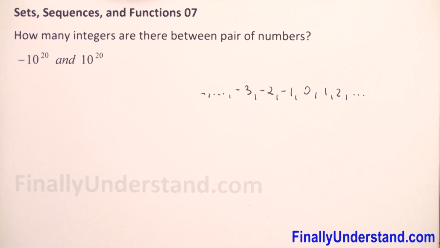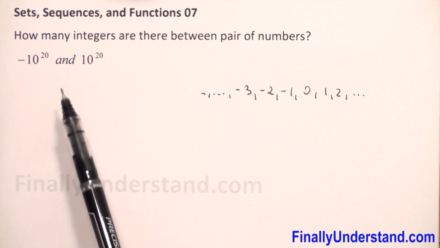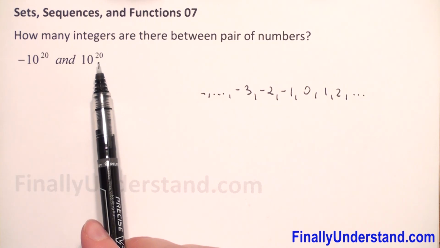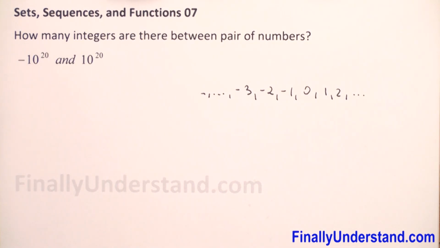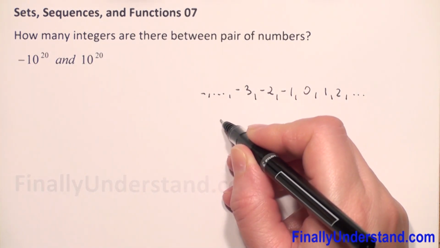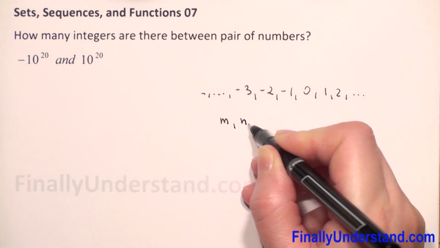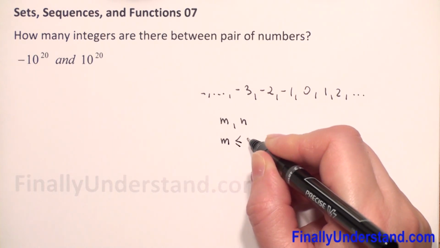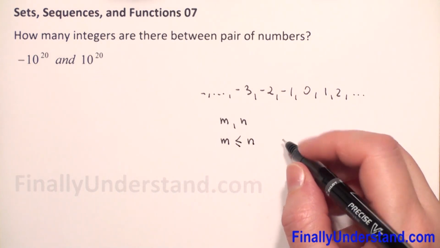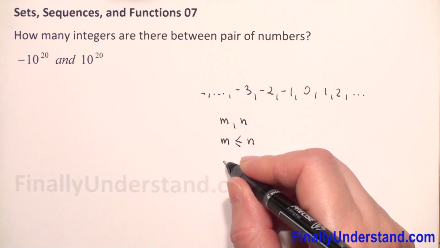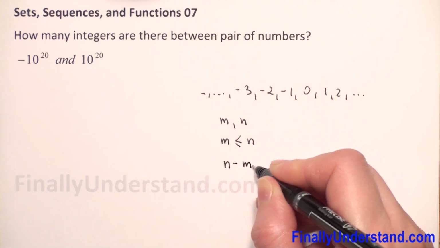So next step, it will be very difficult to write these whole numbers because we have 10 to the power 20. So we will use a formula: when we have a pair of numbers m and n, where m is less than or equal to n, then the number of integers is equal to n minus m plus 1.